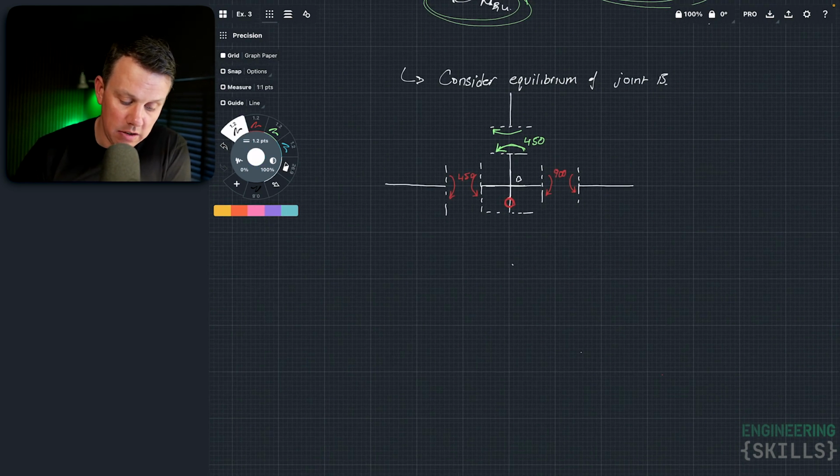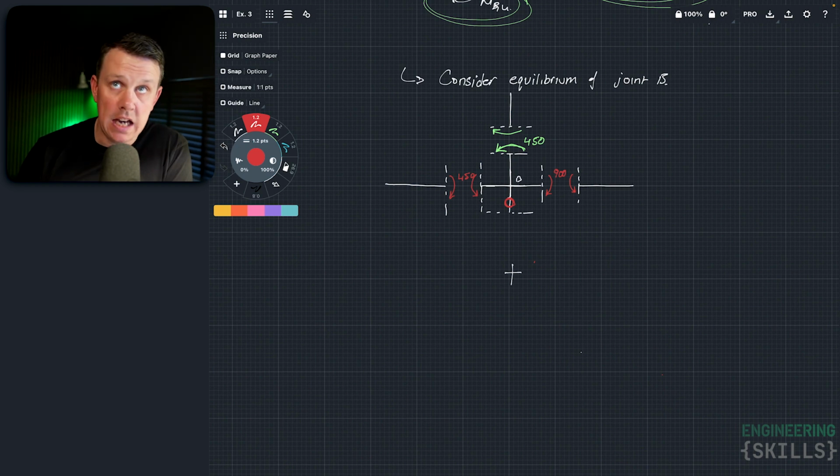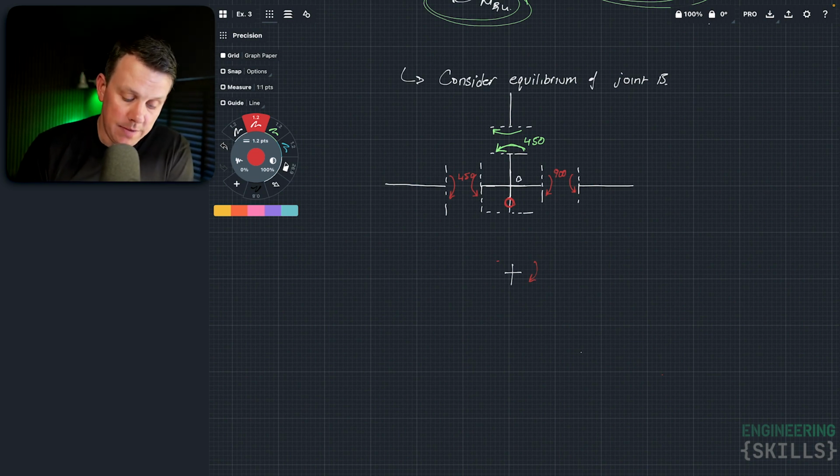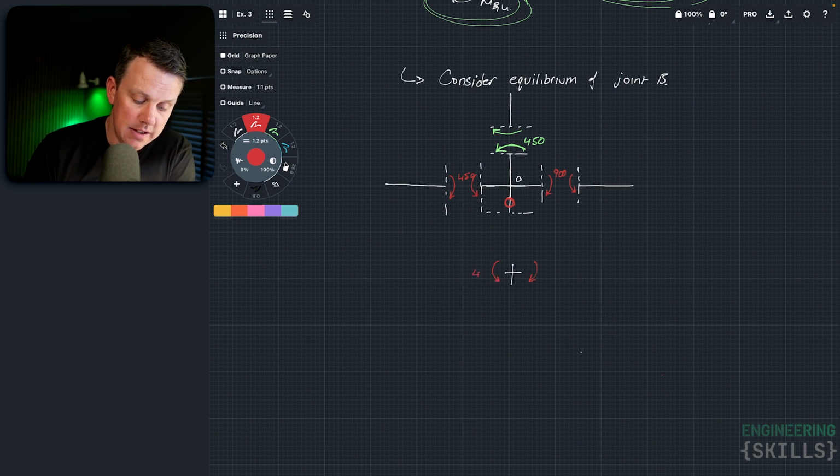So we've confirmed that joint B is in equilibrium. If I just draw it out again here on its own, there's joint B. We have a moment coming from the element that frames in on the right hand side of 900 kilonewton meters clockwise. The beam that frames in on the left hand side applies a moment to the joint of 450, and the column that frames into the top of the joint applies a moment of 450 again counterclockwise, which tells us that joint B is in equilibrium.